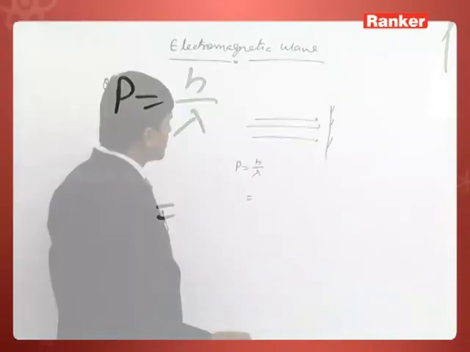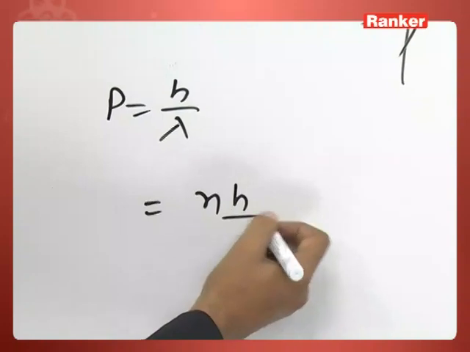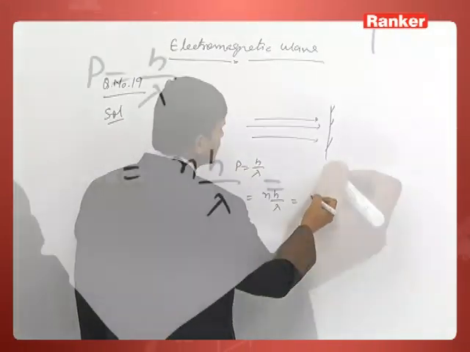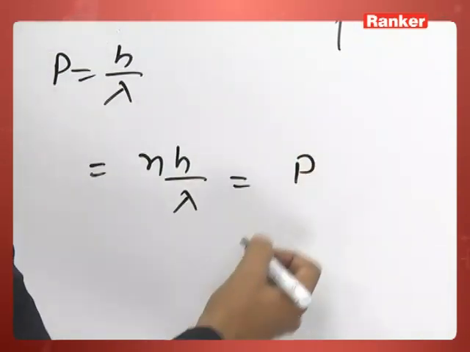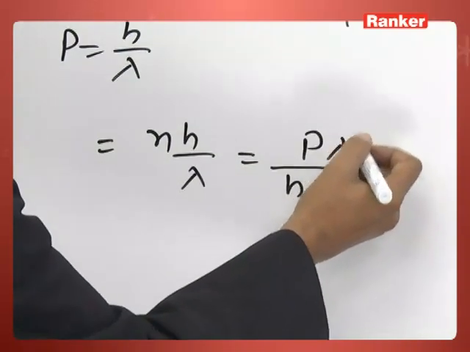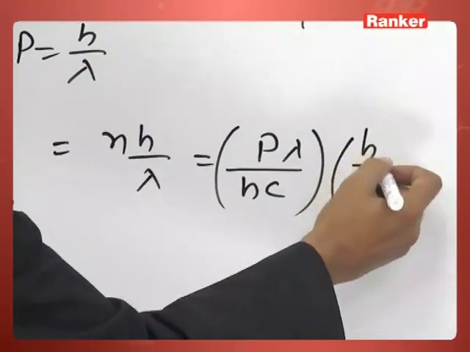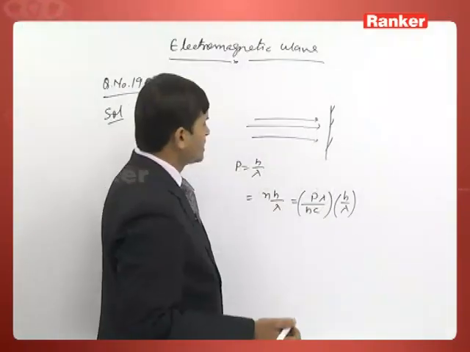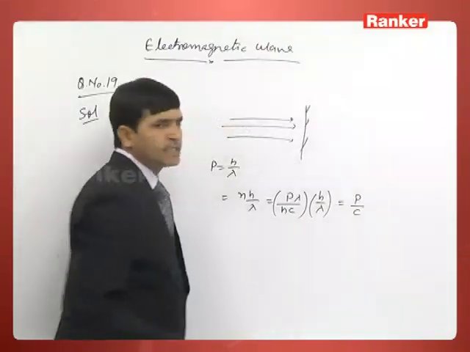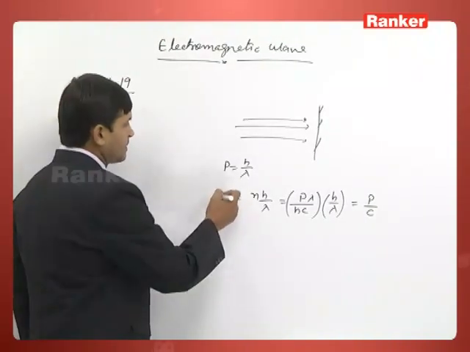If n is the number of photons falling, the momentum is nh by lambda. The number of photons is also given as power of radiations by energy of each photon, hc by lambda. So this is the number of photons falling per second times h by lambda. Now h by lambda cancels. It is P by c. This is the momentum transfer.